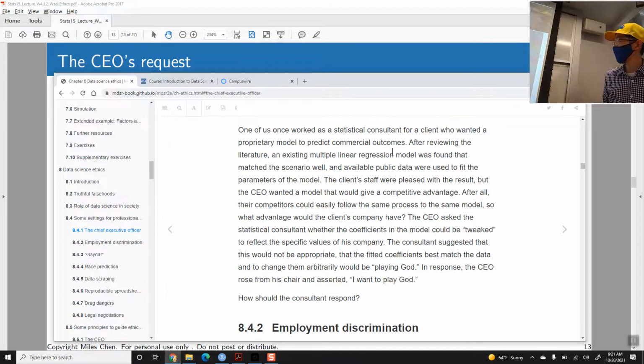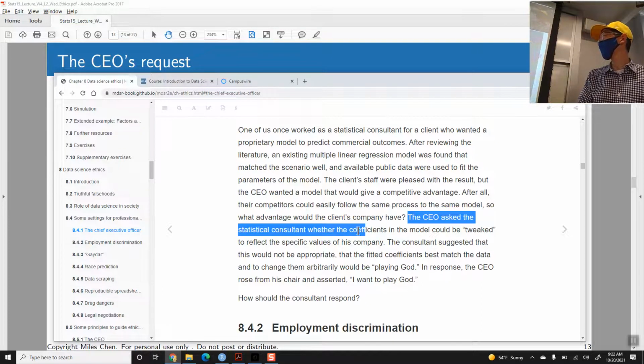When they showed it to the client, most of them were happy, but the CEO wanted a model that would benefit his company more than his competitors. After all, the competitors could easily follow the same process to the same model. So what advantage would the client's company have?